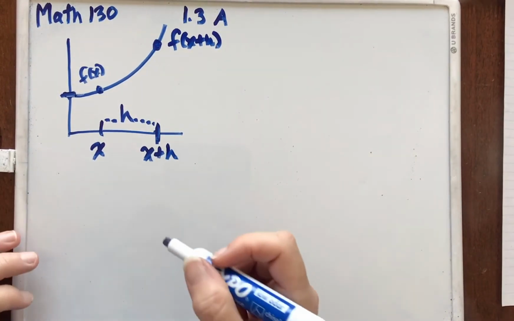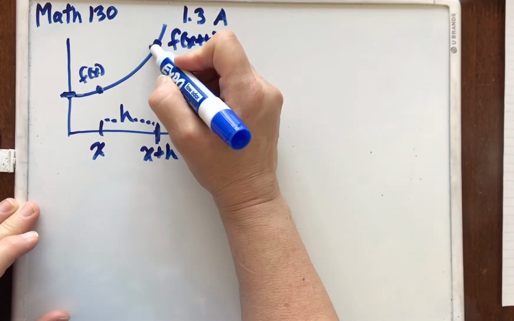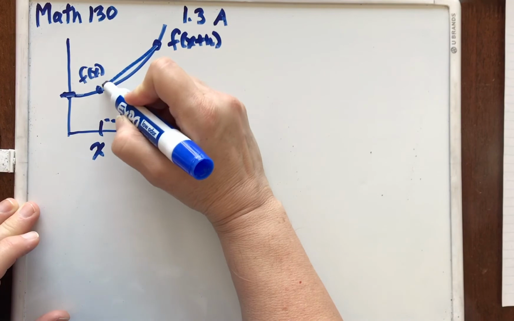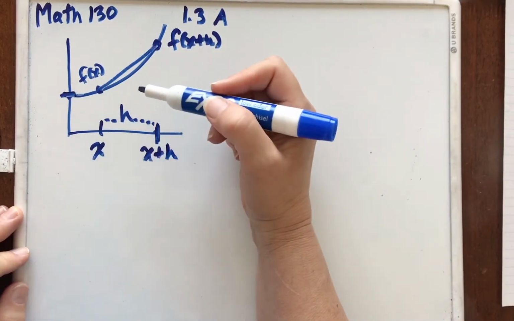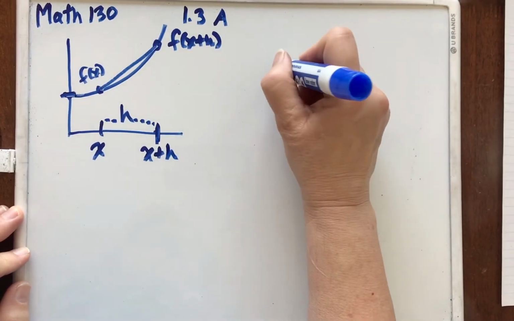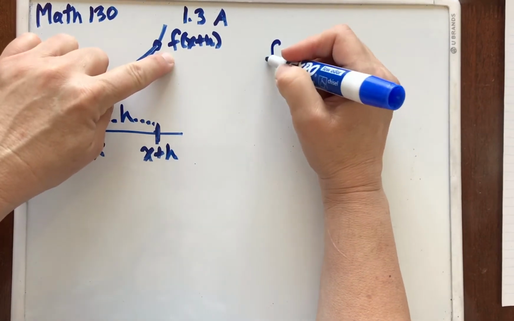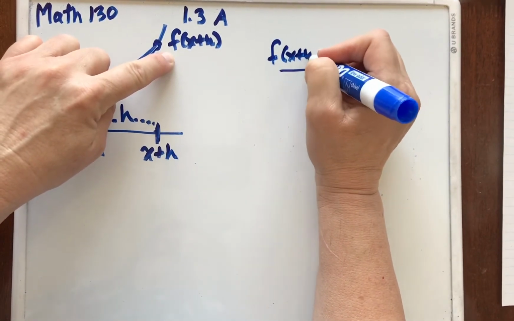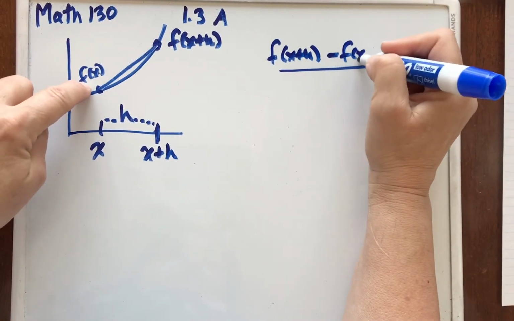Okay, so let's say we want to find the average rate of change. Of course, we're looking at the line that goes between these 2 points. And if we were to find the slope of that line, we would take the outputs minus the inputs. Okay, so what are our outputs here? Here's one output, f of x plus h, minus this output, f of x.